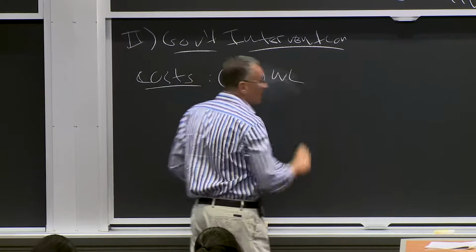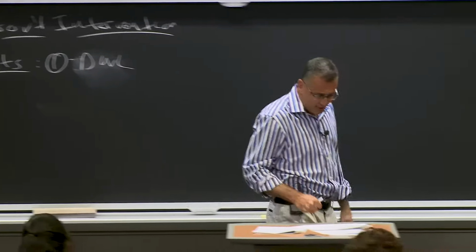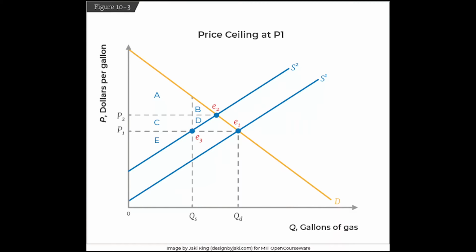Because basically, if you didn't restrict things, there are people who would have bought gas to the right of Q sub S and to the left of E2. Those units between Q sub S and E2, where E2 intersects the x-axis, are units where the consumer surplus plus the producer surplus is positive, right?